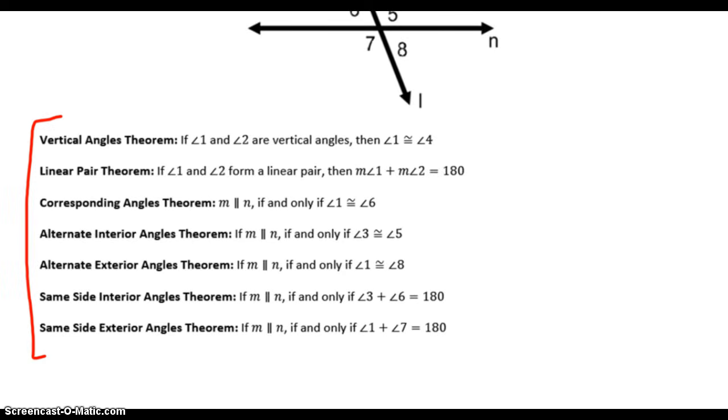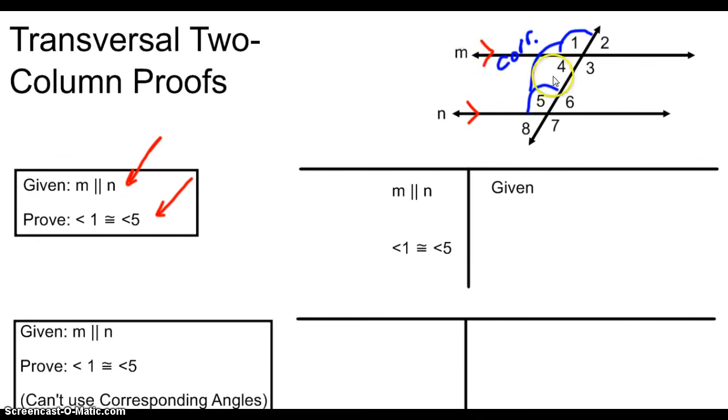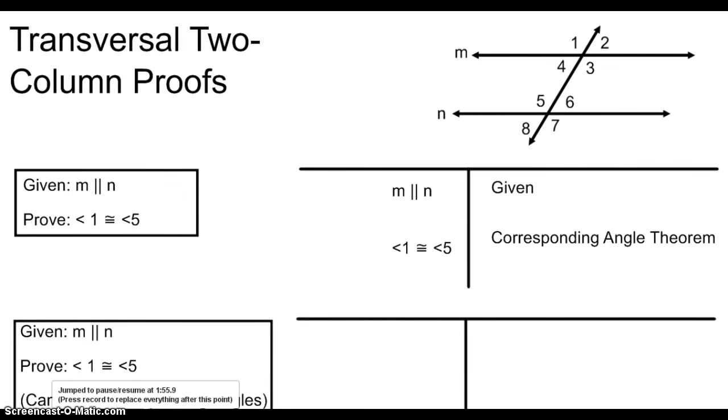I said they were corresponding, and this says if the lines are parallel, and they are, then those two angles are congruent. And so, since the lines are parallel, I can say that those two angles are congruent by the corresponding angle theorem. Pretty straightforward. Right, so the first one's pretty straightforward.